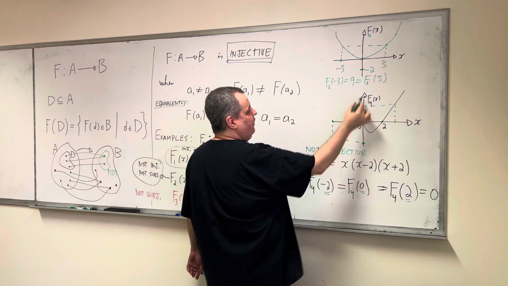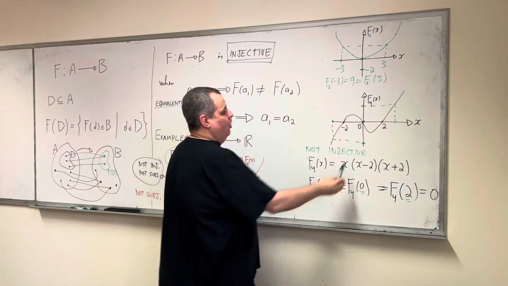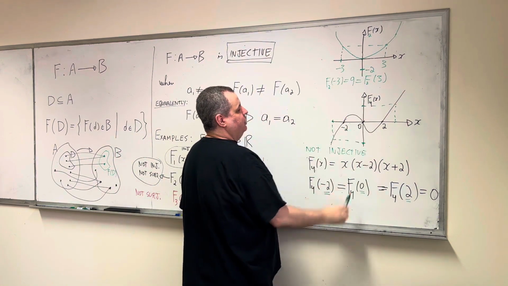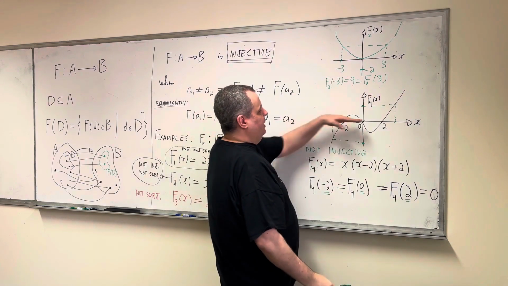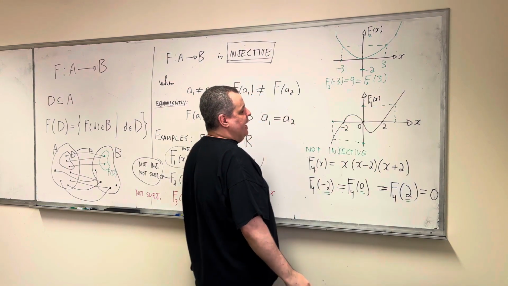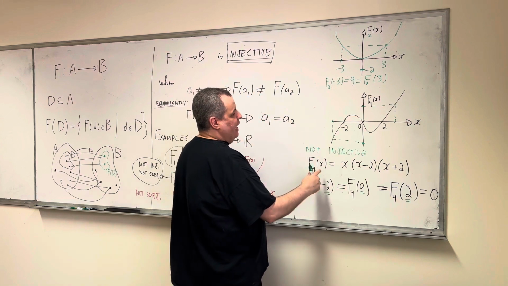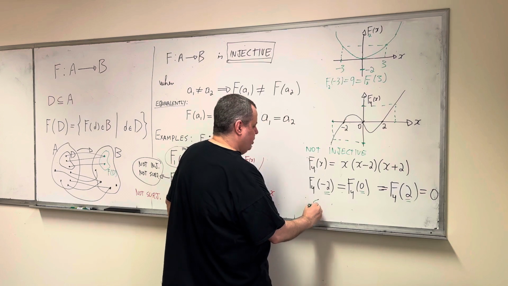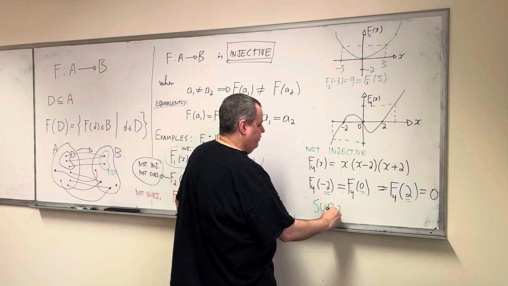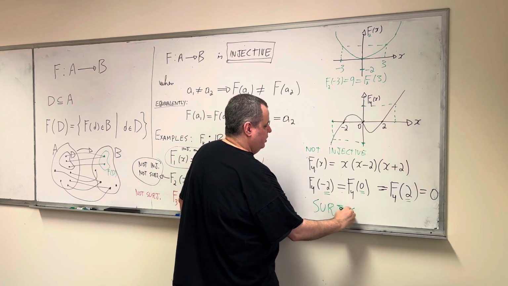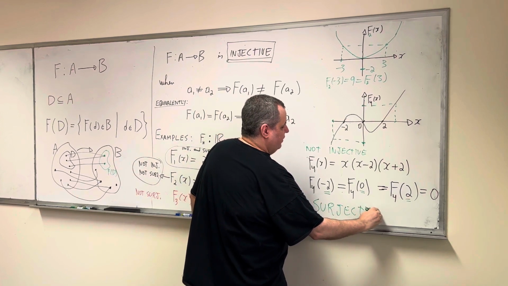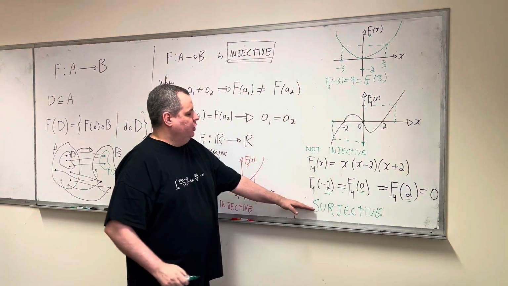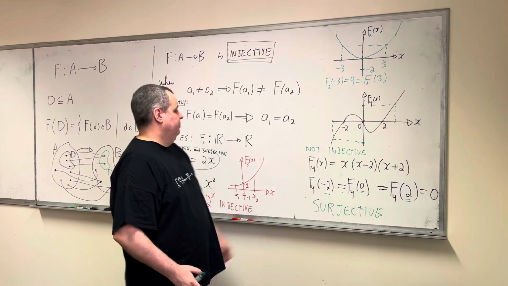So no matter which value I choose on the y-axis, the vertical axis, I can always find a value on the horizontal axis, an x, such that f4 of x equals y. Okay? So this function here is surjective, but not injective. So that's only surjective, not injective.